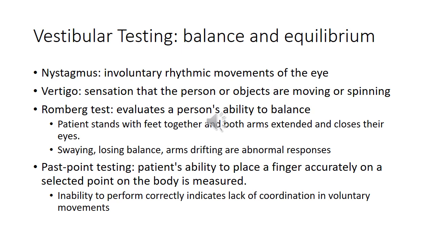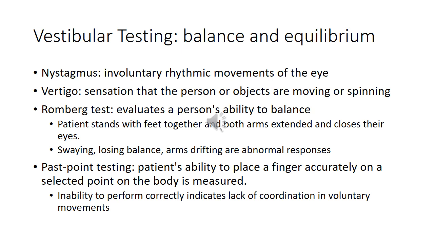Vestibular testing, we look at the balance and equilibrium. The Romberg test evaluates a person's ability to balance. The patient stands with feet together and both arms extended, and they close their eyes. Swaying, losing balance, and arms drifting are abnormal responses.